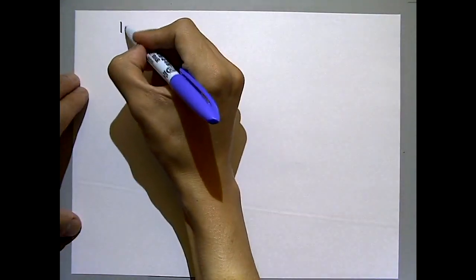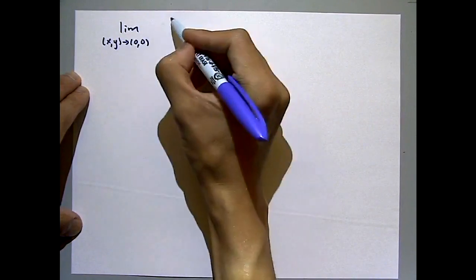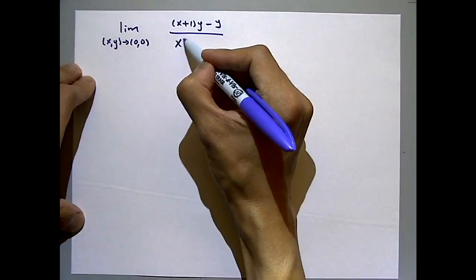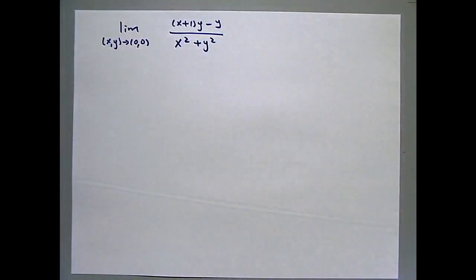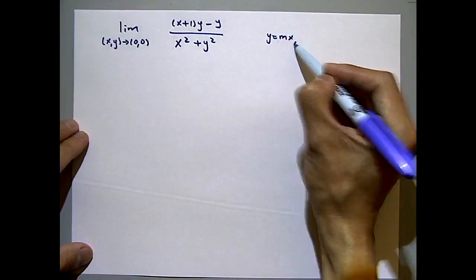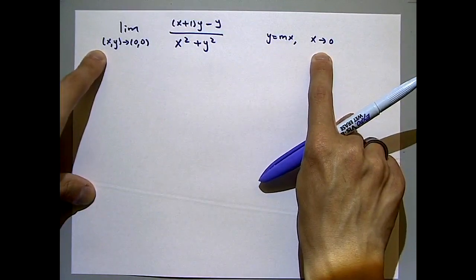Let me first rewrite the original limit, and then we'll modify it. Now you let y equal to mx, and you reduce that to a one-variable function, and still we want x to be free, but approaching 0.